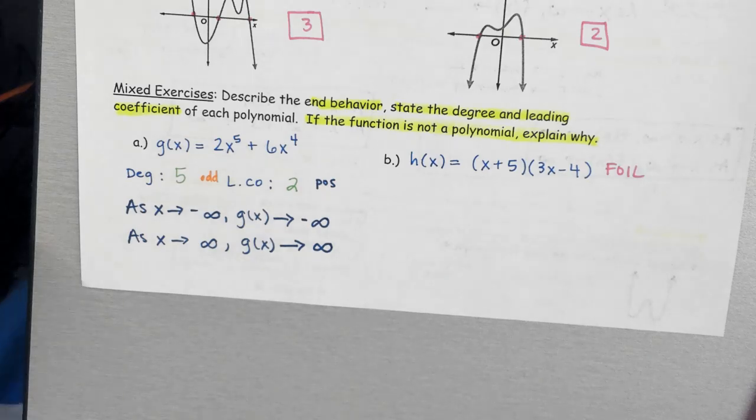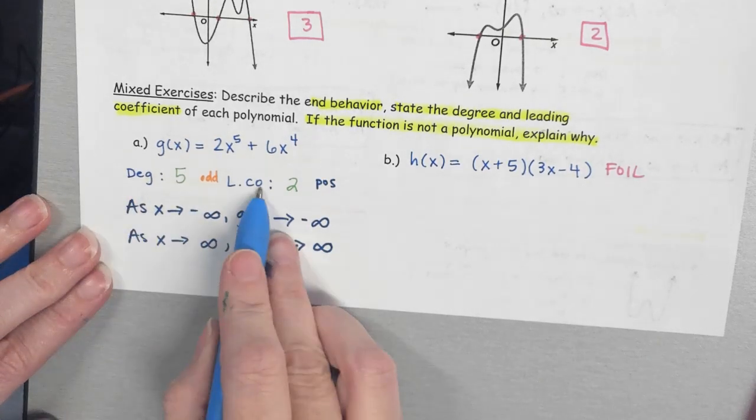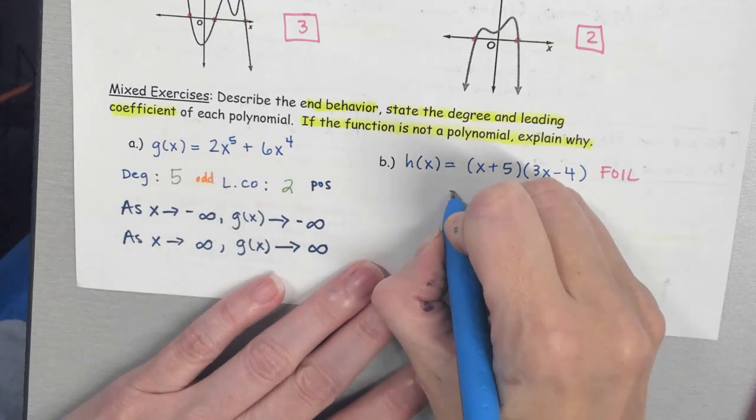So once you FOIL this out, you guys are doing the degree, the leading coefficient, and your end behavior.